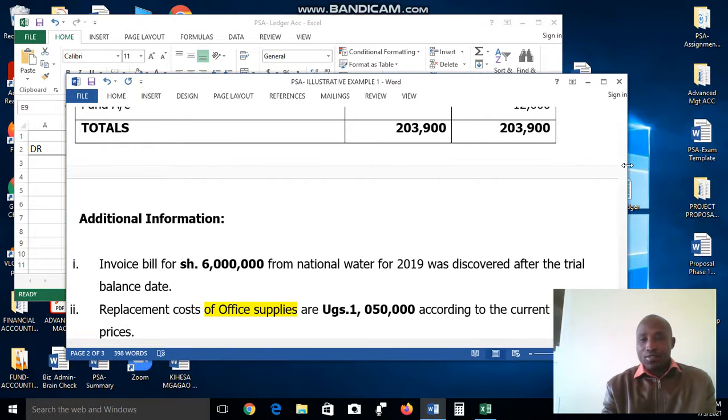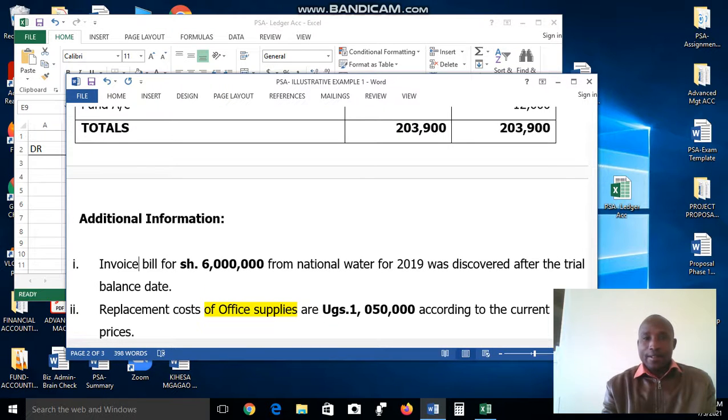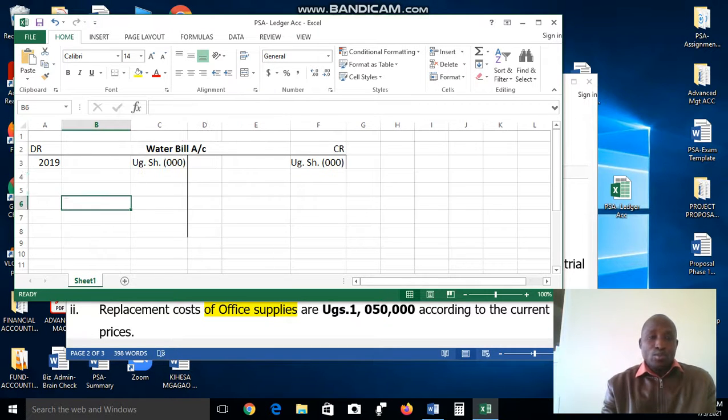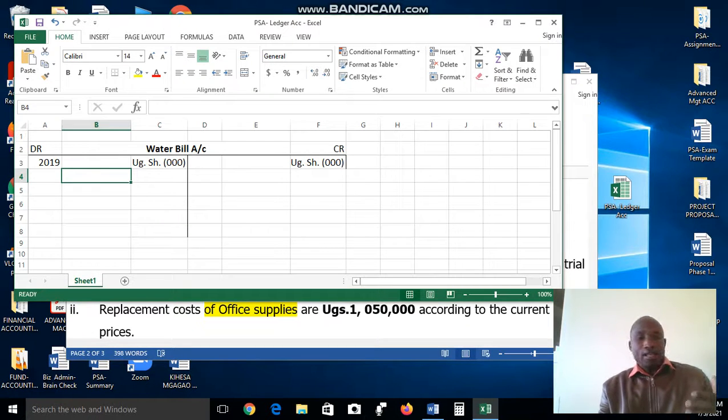So we have to come and see. We recognize here, this is 2019. We don't know the date, but we have to recognize this water bill. We open a water bill account and say because it was a water bill, it was due. So here we shall say accrued, because when something is outstanding, not yet paid, it means it is due.